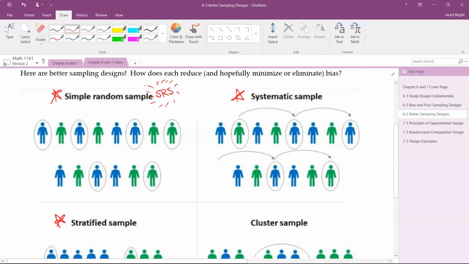Another way is you can have a computer do the assignment. So tell the computer to spit out a random number. And so the idea of everybody has the same chance to be drawn is kind of the idea behind a simple random sample.